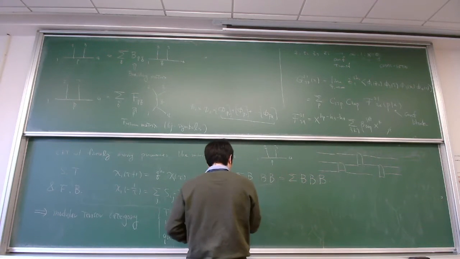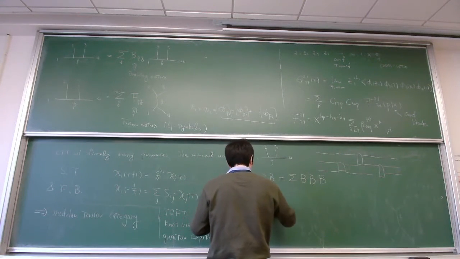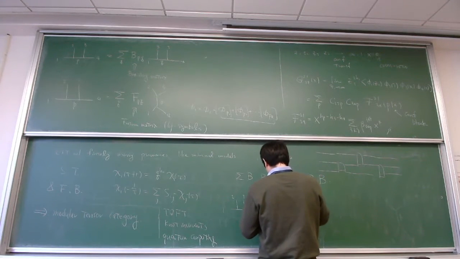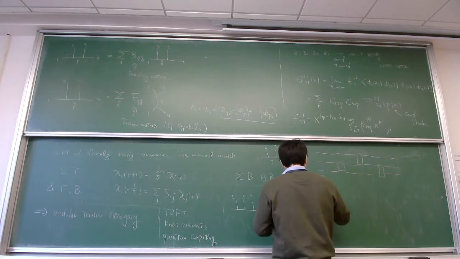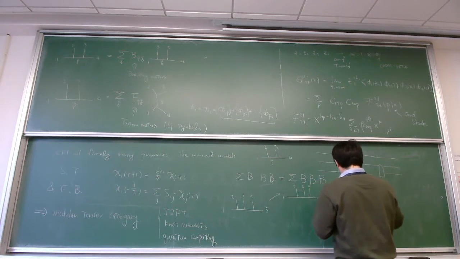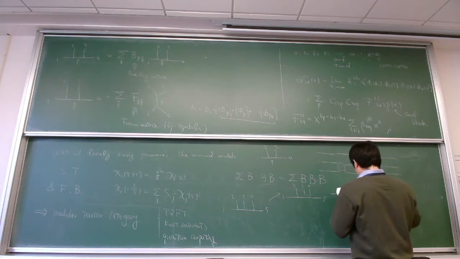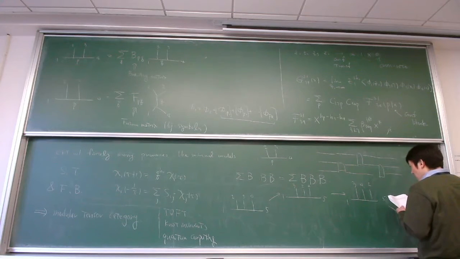This can be understood as 1, 2, 3, 4, 5 is mapped to 1, 3, 2, 4, 5, and then 1, 3, 4, 2, 5, and then 1, 4, 3, 2, 5.